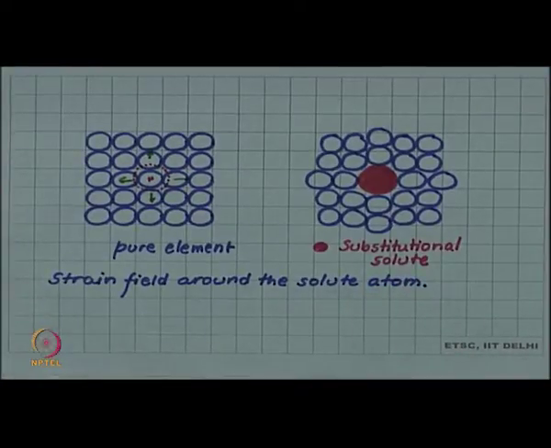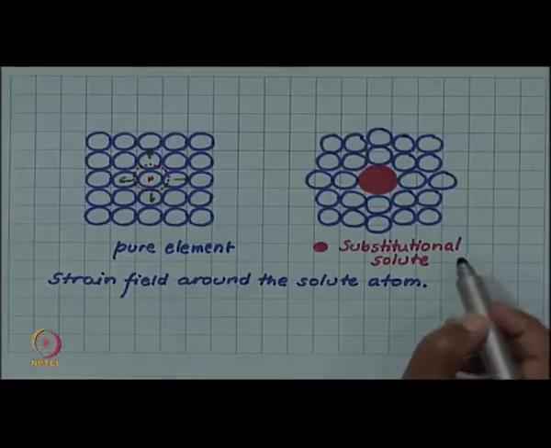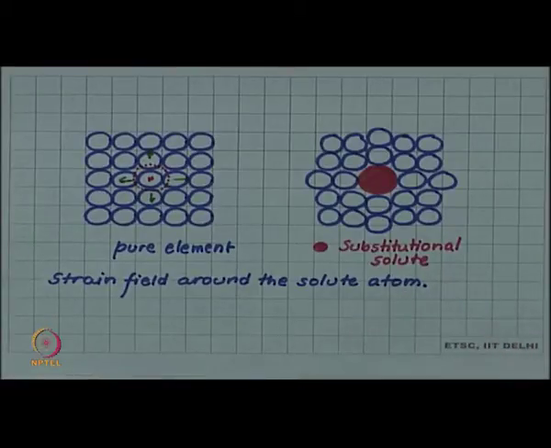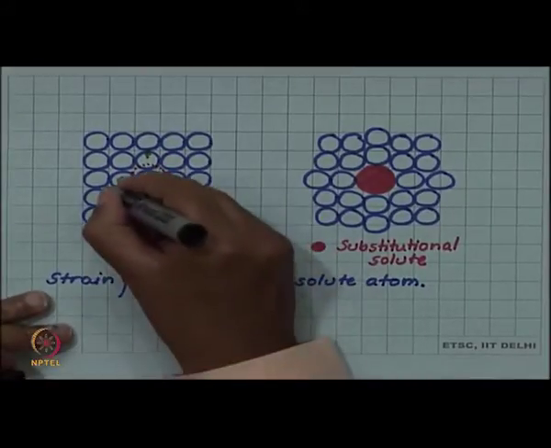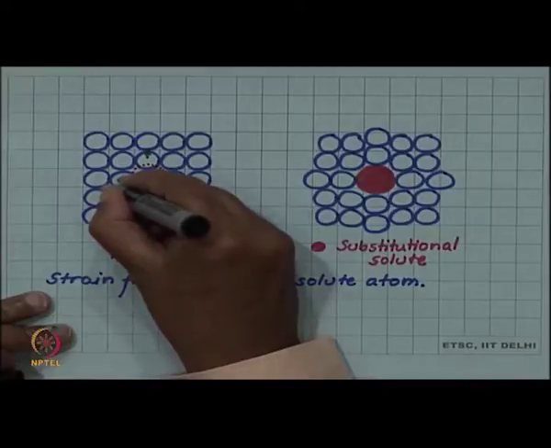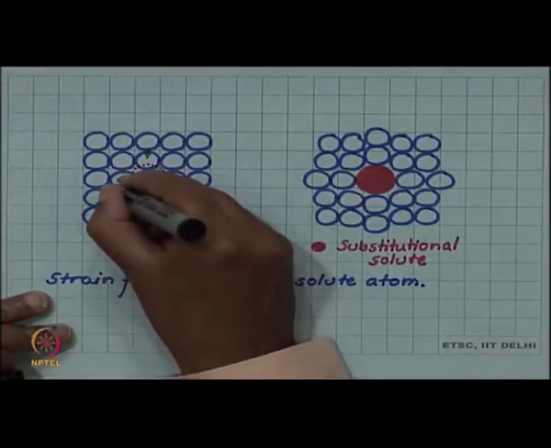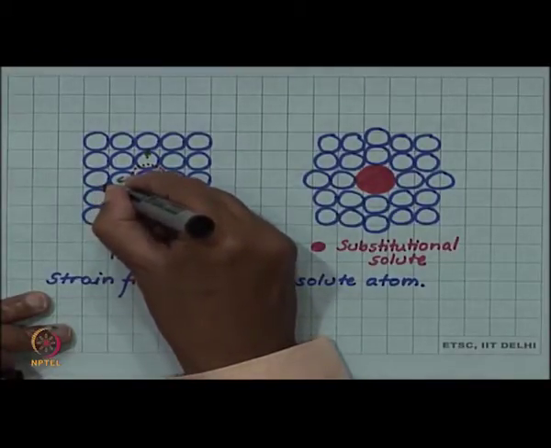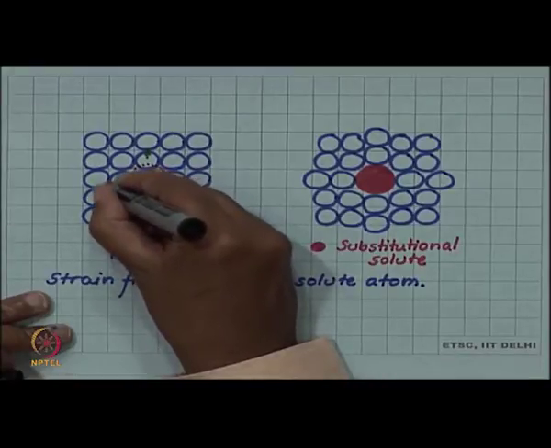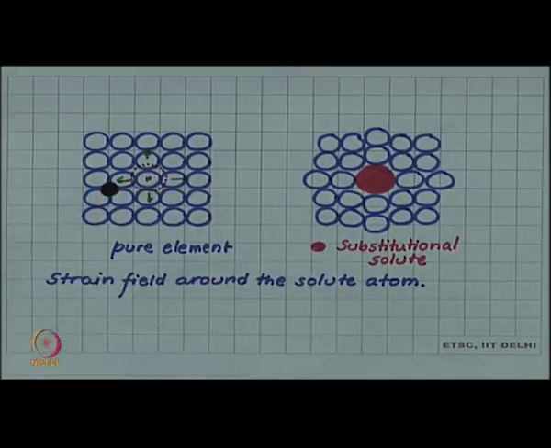I have shown here a larger substitutional solute atom, but whether the solute atom is large or small, substitutional or interstitial, there is a strain field. Imagine an interstitial solute, and let me show it in this diagram itself. Suppose I introduce an interstitial solute here, and it happens to be larger than the void size.